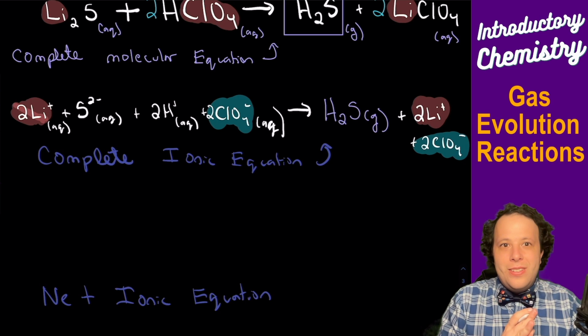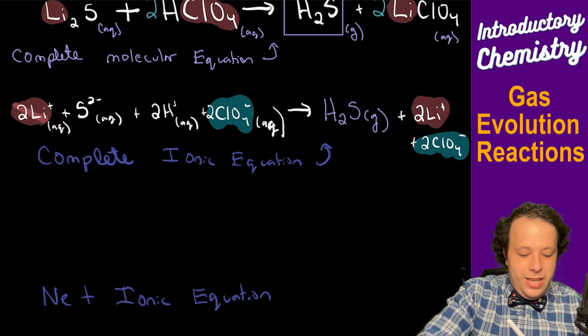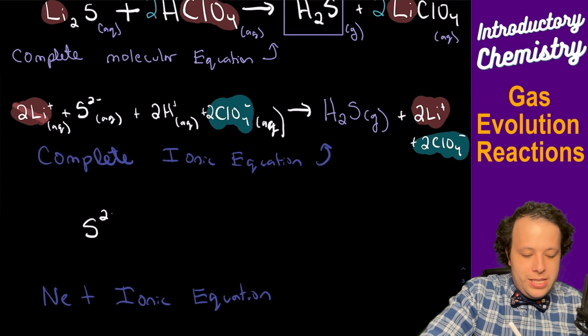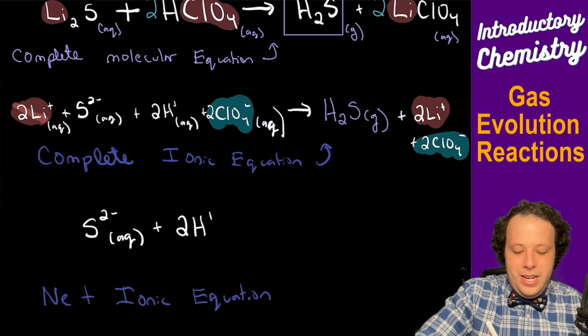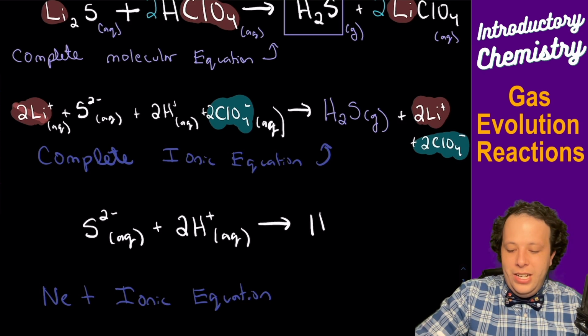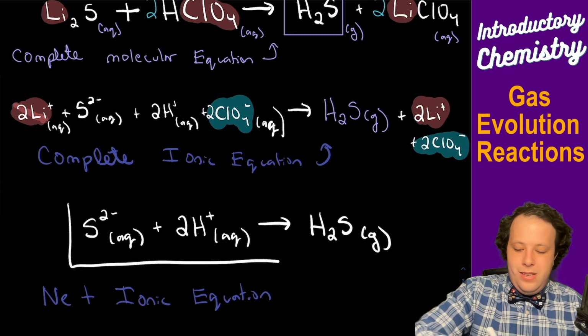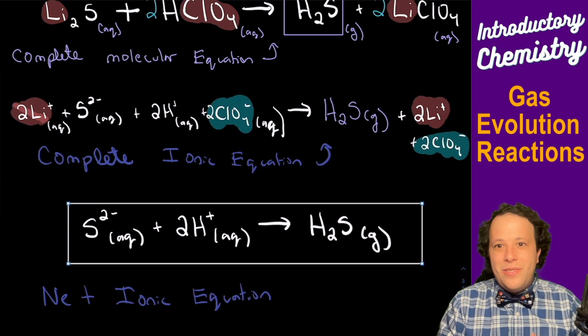So the things you see left are sulfur and hydrogen. What we'll have is S2 minus aqueous reacting with 2H plus aqueous leads to H2S as a gas. And that would be our final answer for this problem.